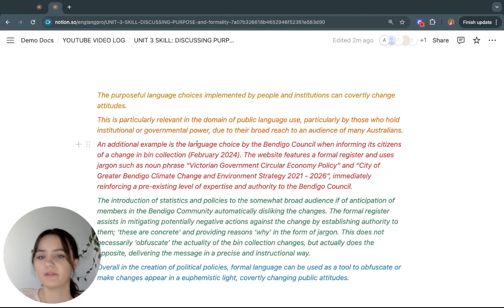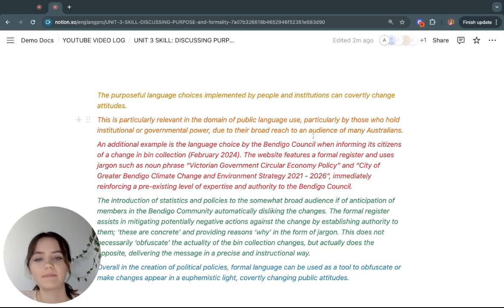An additional example is the language choice by the Bendigo Council when informing its citizens of a change in bin collection. The website features a formal register and uses jargon such as noun phrase, Victorian Government Circular Economy Policy, and City of Greater Bendigo Climate Change and Environment Strategy, immediately reinforcing a pre-existing level of expertise and authority to the Bendigo Council.